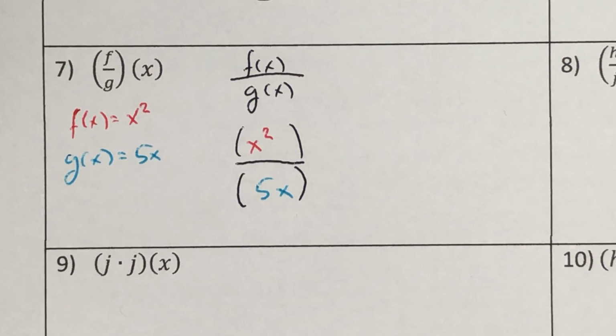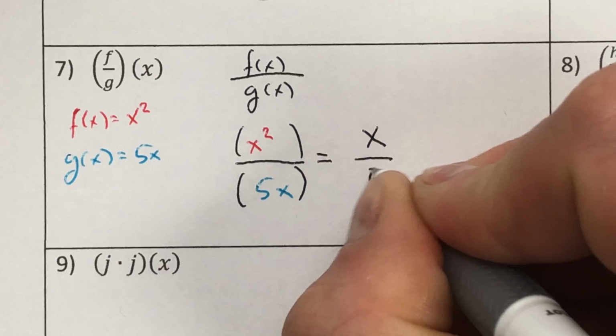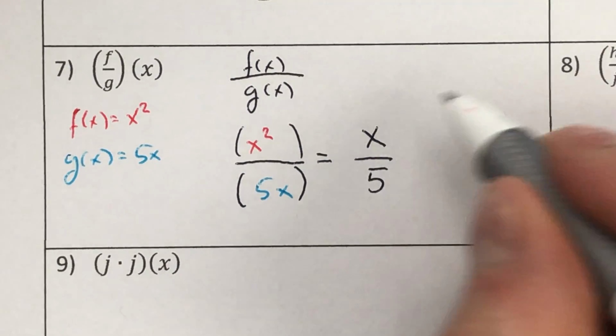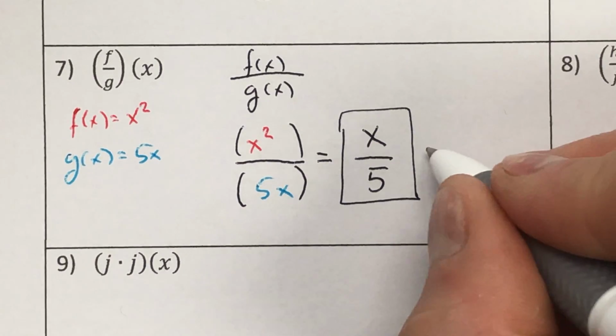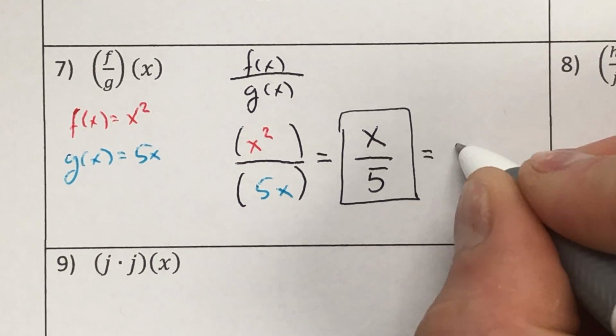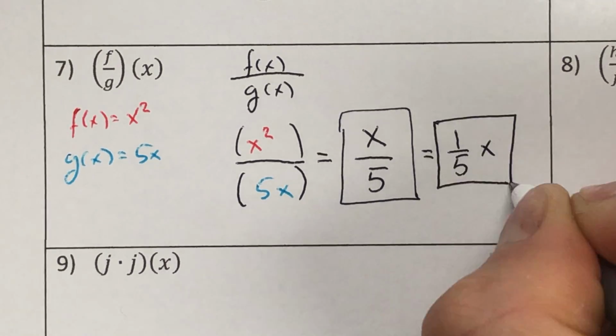I have one in the numerator and one in the denominator. And so I'm going to cancel at least one of those out, which is going to leave me with an x up top over 5. Now, I could circle this as my answer depending on the form you want. If you want it written in a standard form, you could say, well, this is equal to 1/5 of x. That would also be an acceptable answer.